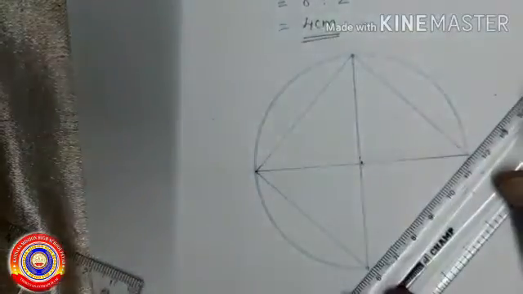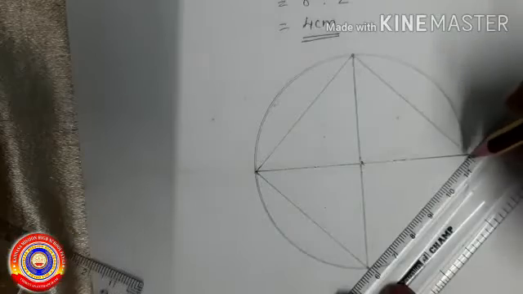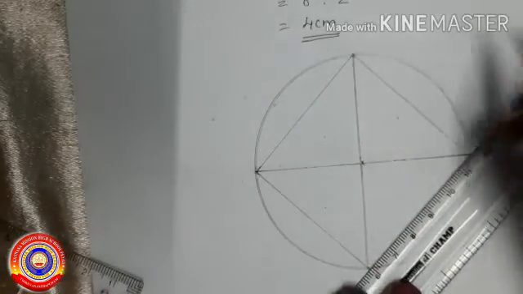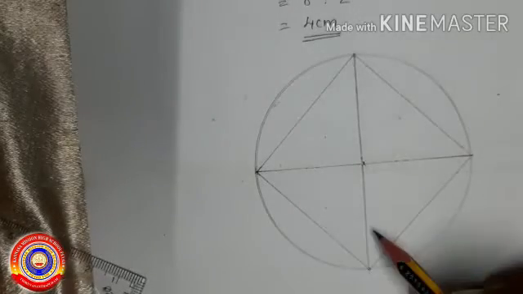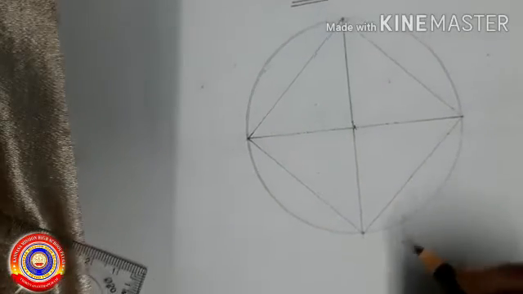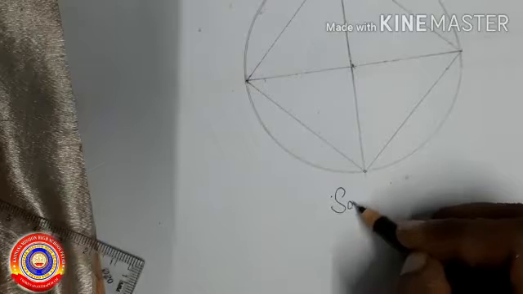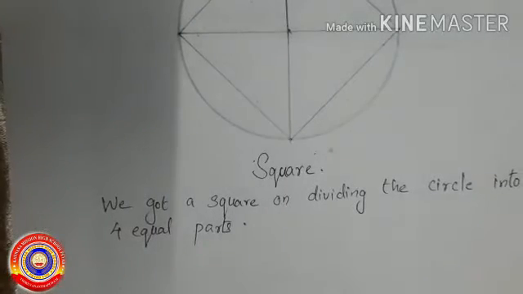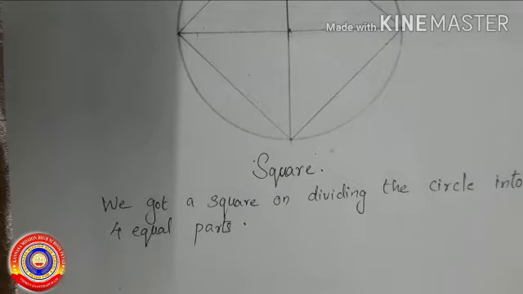And then the last 2 points. Now what shape did we get? Yes, it is a square. Now we got a square on dividing the circle into 4 equal parts.